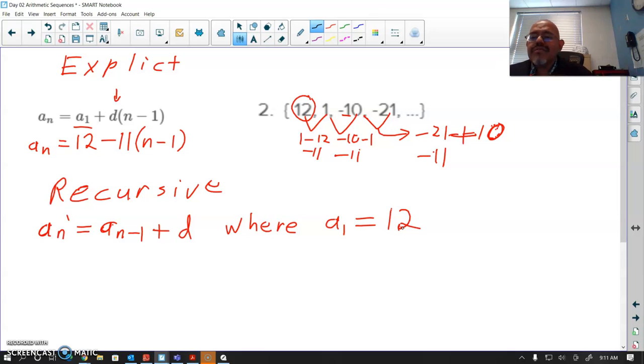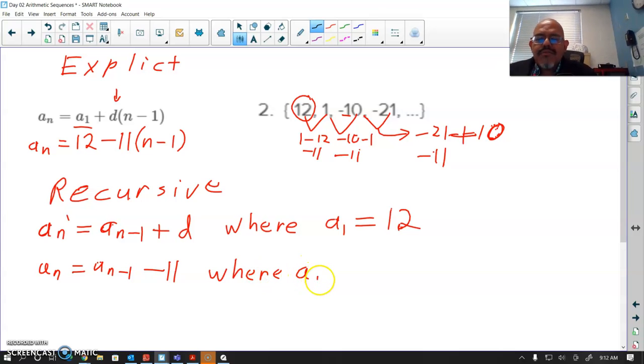All you have to do is write a sub n is equal to a sub n minus 1 minus 11, where a sub 1 is equal to 12. Oh, and I forgot one little thing.